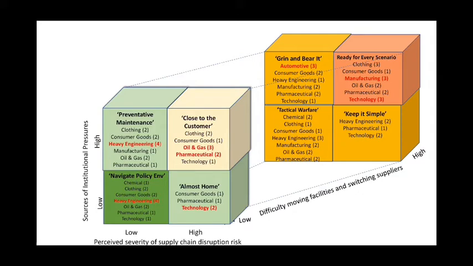You can see here that in the technology market, we saw quite a few technology companies in our sample move production nearshore to Mexico, to bring products into the US. And then, like I mentioned earlier, the automotive sector was one of the few sectors that we really found clustered in this grin and bear it area, because they were all using the same motor manufacturers who were all stuck or fixed in China.